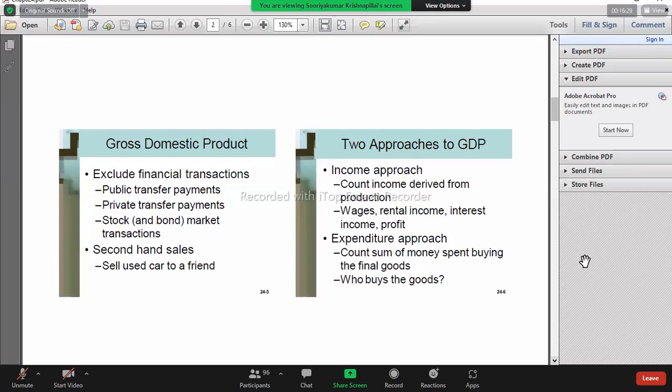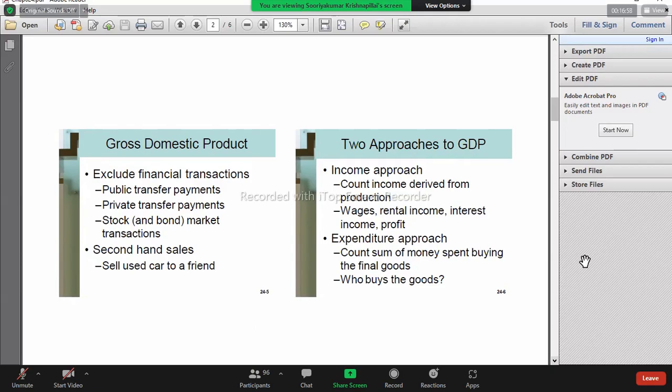Households are the owners of all the factors of production. The business sector purchases these factors from the households, produces goods, and sells the products back to the households. Then households pay for that. That is household expenditure.